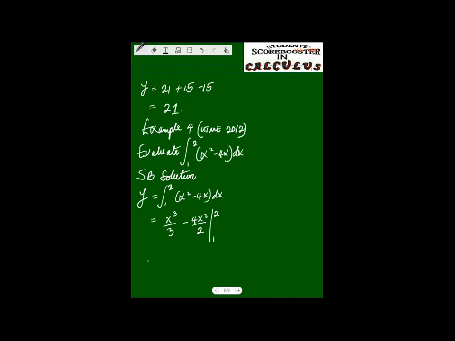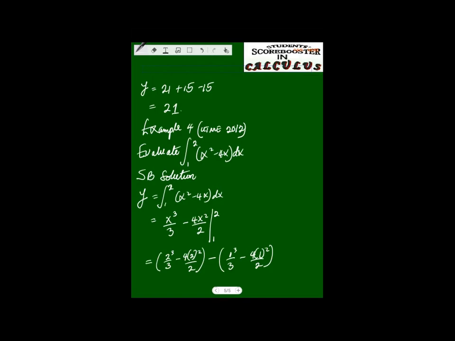So now the upper limit is going to be 2 raised to power 3 over 3 minus 4 into 2 raised to power 2 over 2, minus the lower limit, which is 1 raised to power 3 over 3 minus 4 into 1 raised to power 2 over 2.